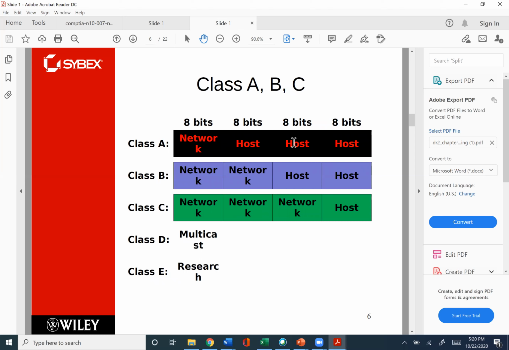And how many networks can I have? We can have 3 hosts, 1 network, or 3 networks, 1 host in each class. 1 network, 3 hosts. So we have 1 network in here? Or how many networks?